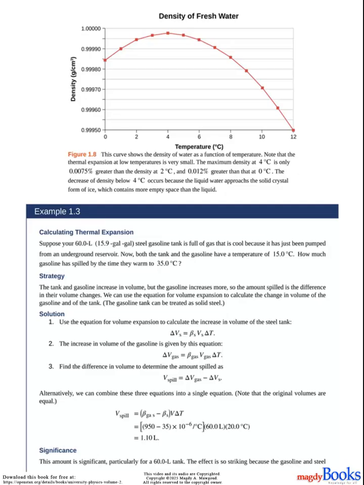V_spill equals (beta_gas minus beta_S) V delta T equals [(950 minus 35) times 10 to the power of negative 6 per degrees Celsius] times (60.0 L) times (20.0 degrees Celsius), equals 1.10 L. Significance. This amount is significant, particularly for a 60.0 L tank.